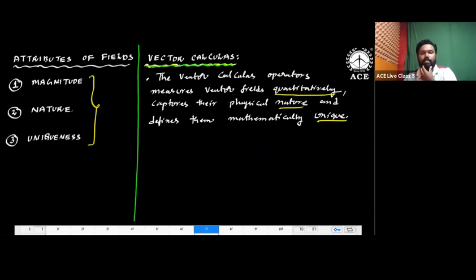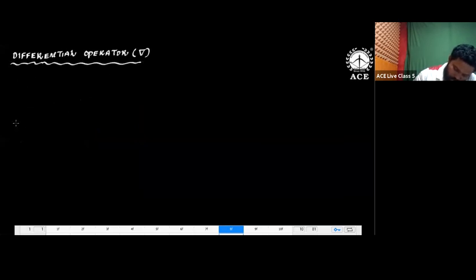Let me turn the page here. So we have a differential operator. It is a very powerful operator.